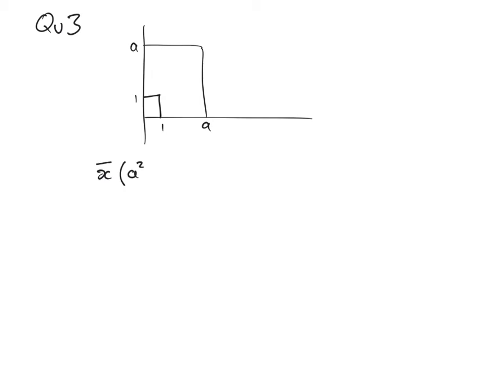So, question 3. Find the centre of mass of this object here, which is a square A with a 1 by 1 cut out. So, centre of mass times the area of the whole lot times the density constant.